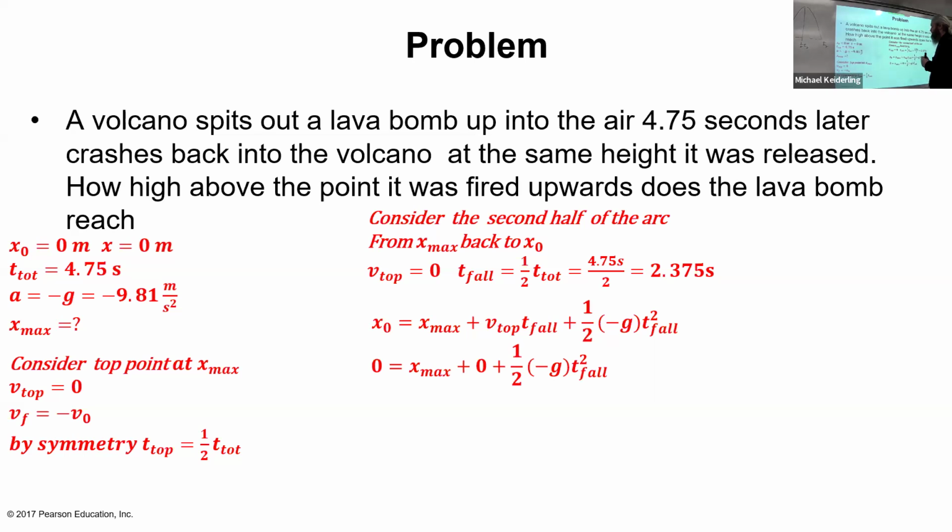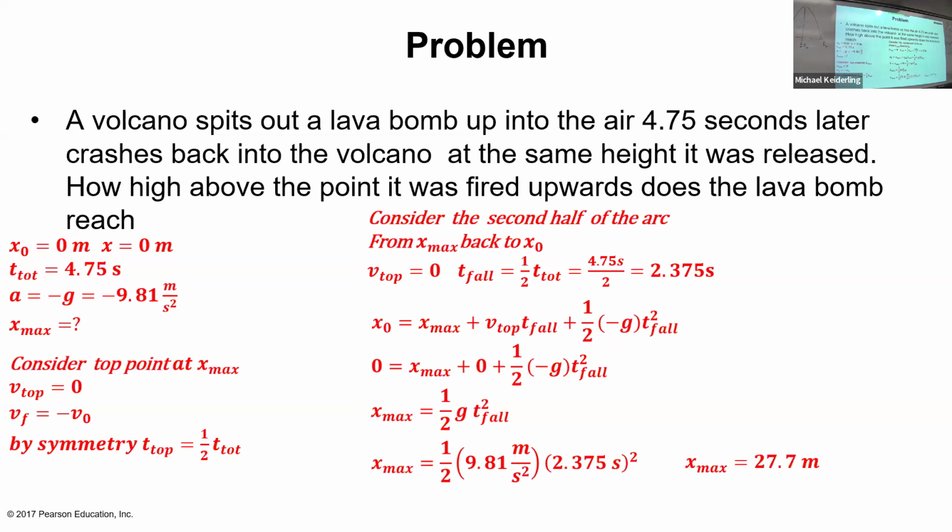Then X max is 1/2 G times the time to fall squared. So that's going to be 1/2 times 9.8 meters per second squared times 2.375 seconds quantity squared, which is 27.7 meters.